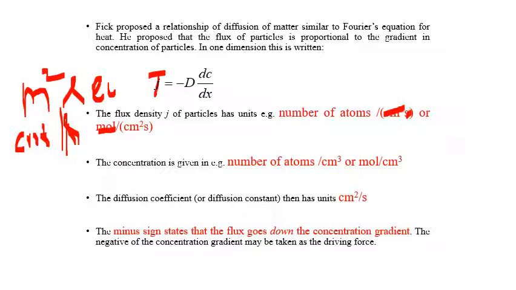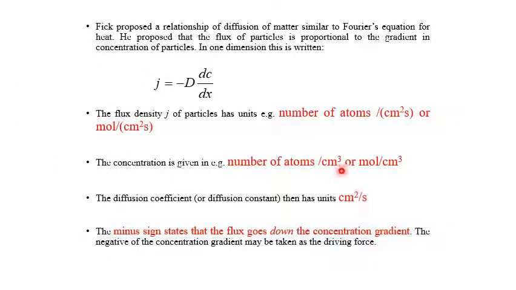If you state the diffusion flux in terms of meter square, then the diffusion coefficient should be in meter square. So why the minus sign? The minus sign states that the flux goes down the concentration, or the negativity of the concentration gradient may be taken as a driving force. So you need to remember the units which we used during the derivations.